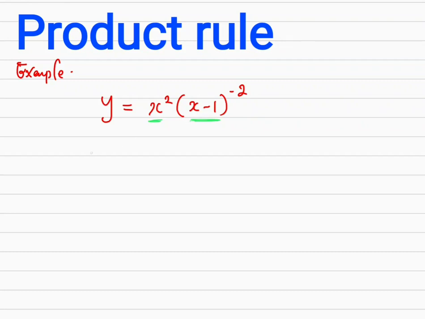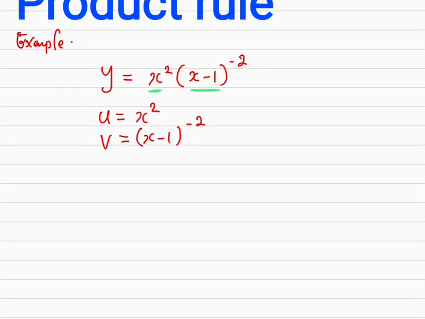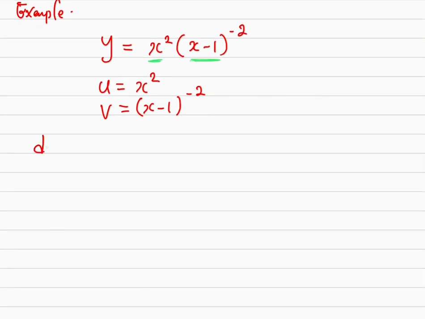Now this is what you need to do in solving this. You can say let u equal x squared, then of course v equals (x minus 1) raised to power minus 2. The way to work it out is this: dy by dx in this kind of setup is going to be v du by dx plus u dv by dx.